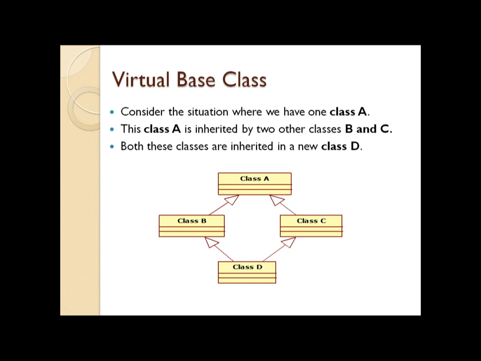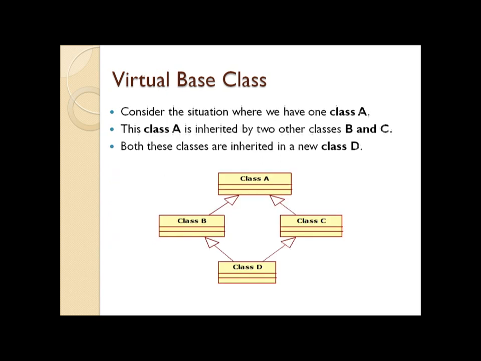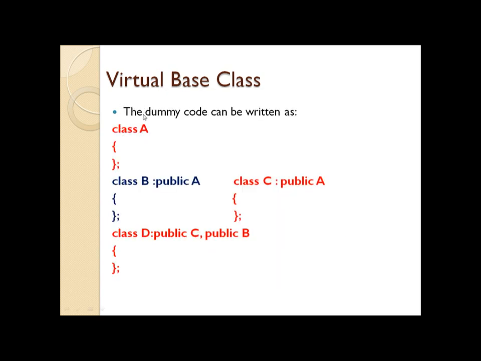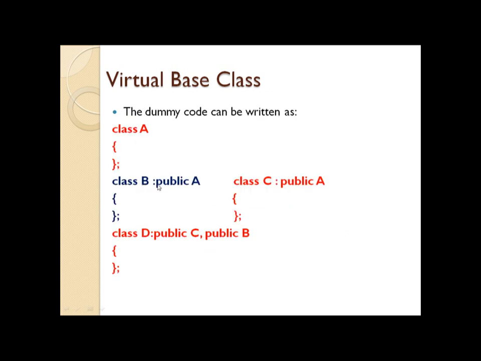The problem in such a situation is, here we have shown the dummy code for the diagram. We have a class A, and class B is inheriting class A, so class B colon public A, we are inheriting class A in public mode.